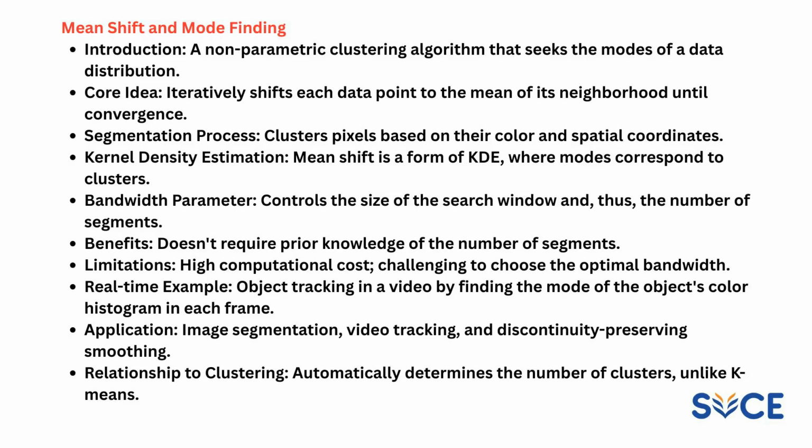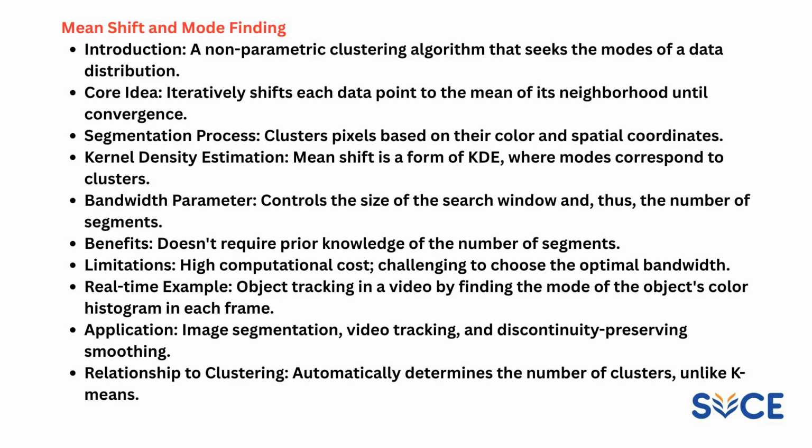The bandwidth parameter is the most crucial element in mean shift. This parameter controls the size of the search window that the algorithm uses to find a pixel's neighbors. A small bandwidth means a small window, which can lead to over-segmentation, that is, too many small segments.